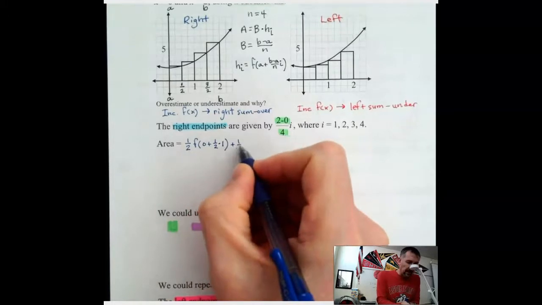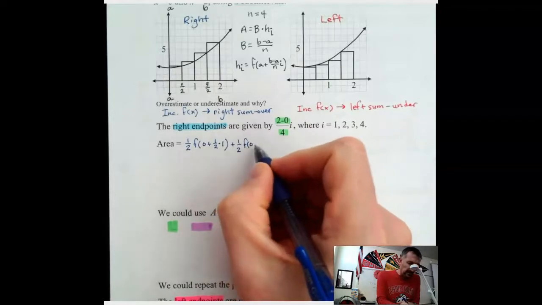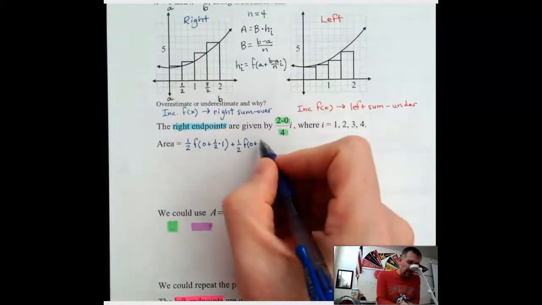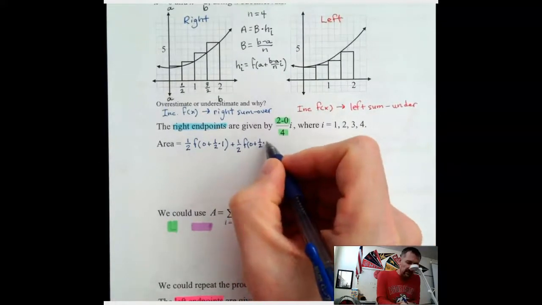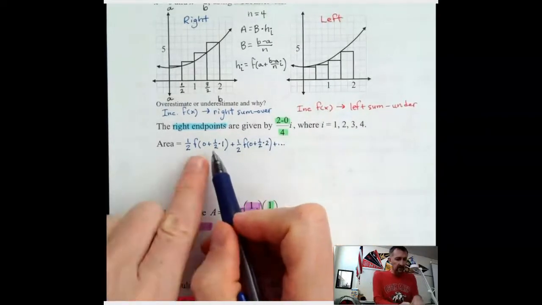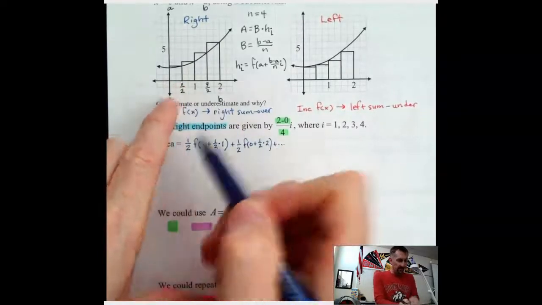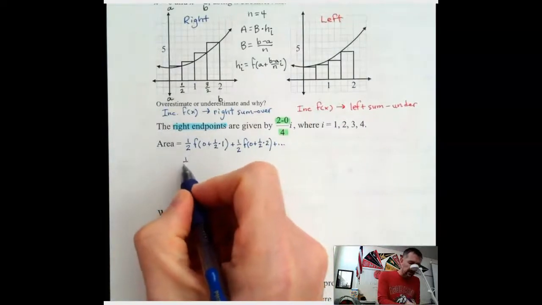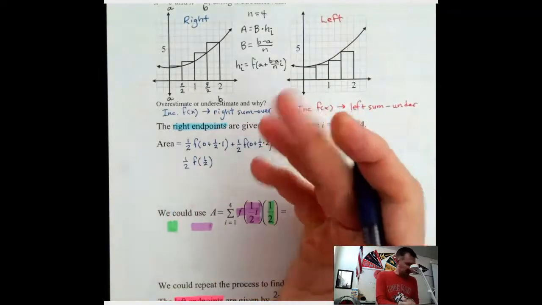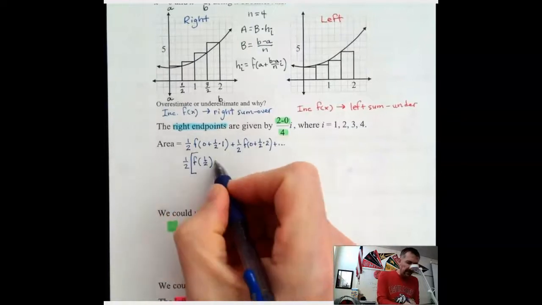Then for our second one we have f of 0 plus 2 minus 0 over 4, again 1/2, except this time times 2, and then we would have 2 more of those. So 0 plus 1/2 is the input for f of 1/2. Let's break that down. We would have 1/2 times f of 1/2, and hopefully you can see that these would all have 1/2, so we might as well factor that out.